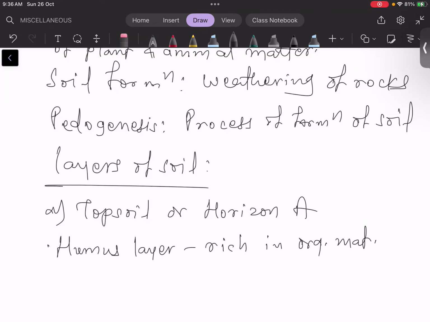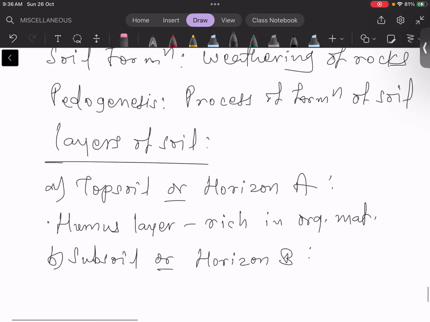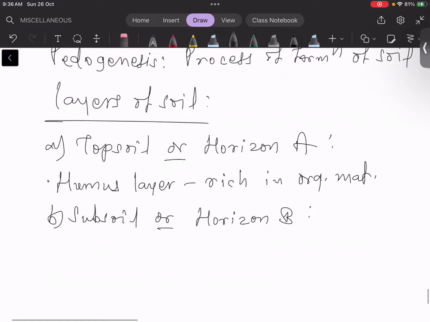The next, second layer is subsoil or horizon B. So just below the topsoil lies another layer, that is called what? Subsoil or horizon B. It is comparatively harder and compact in nature than topsoil.